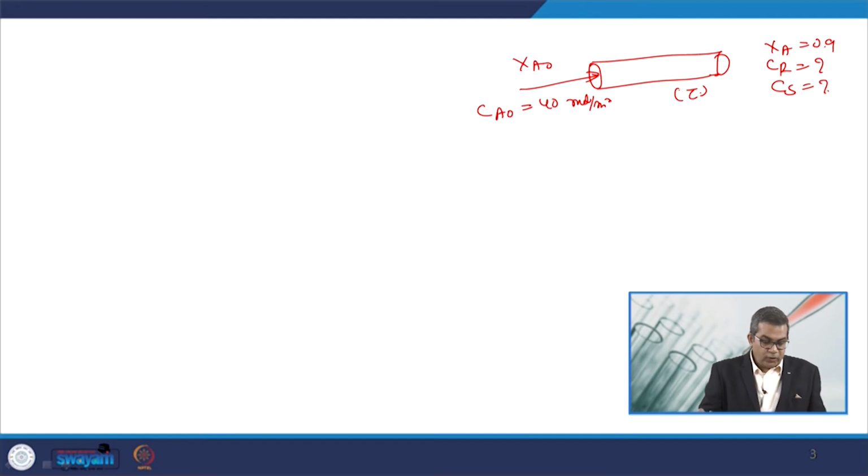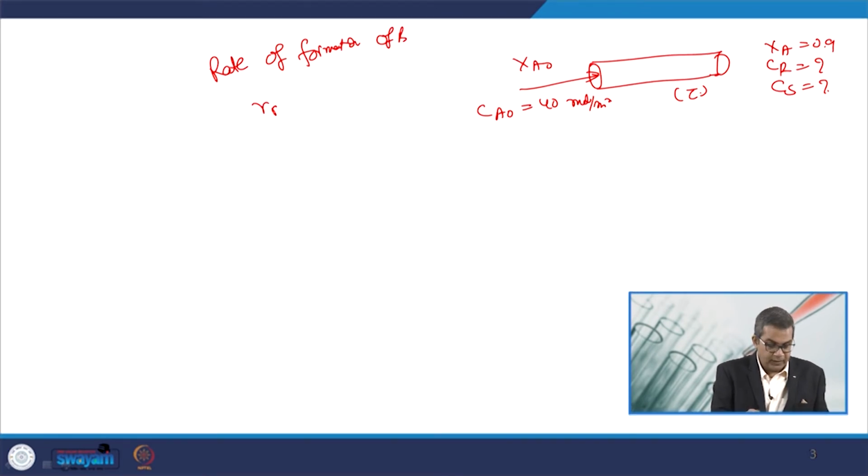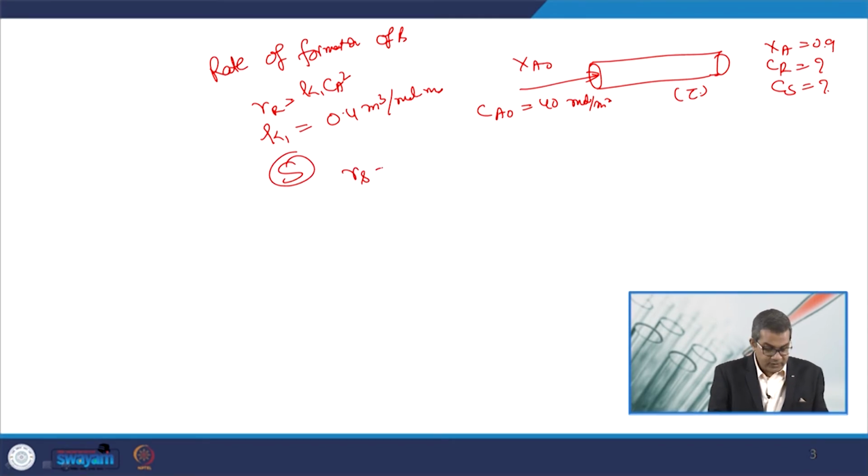So the rate of formation of R is K1 Ca, and K1 is equal to 0.4 meter cube per mole minute. The rate of formation of S, Rs, is equal to K2 Ca, and K2 is equal to 2 minute inverse.